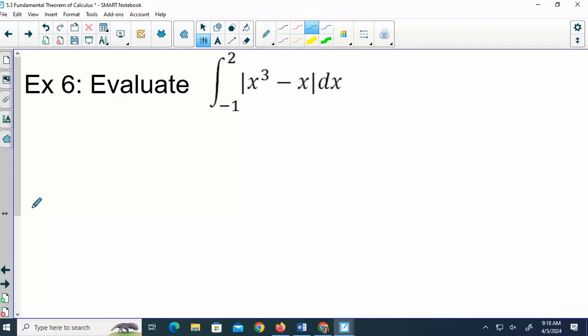We have to figure out what makes x cubed minus x equal to 0. So you could take out an x, leaving x squared minus 1. What makes that 0?